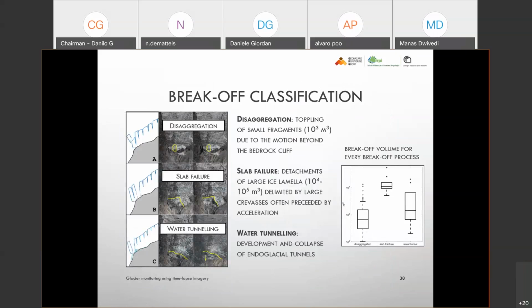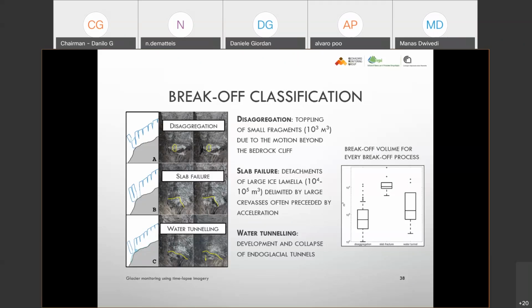But we also tried to analyze the processes that create the break-off, and we found three classes of processes that provoke break-off of ice. The first one is disaggregation.